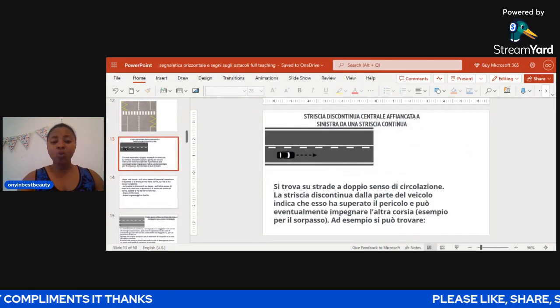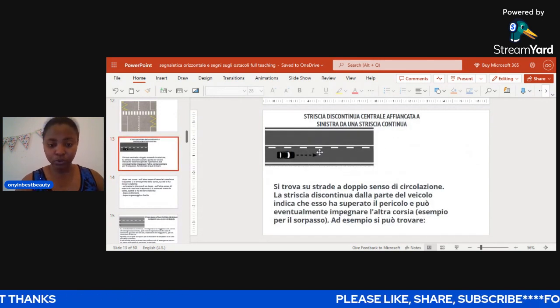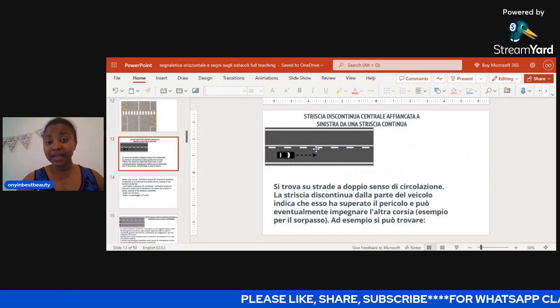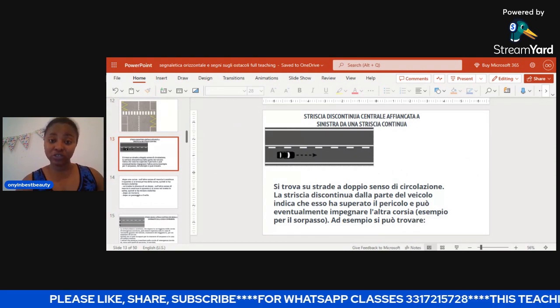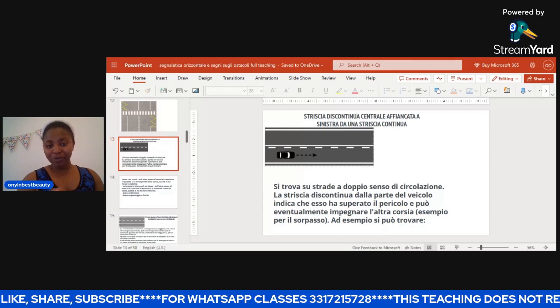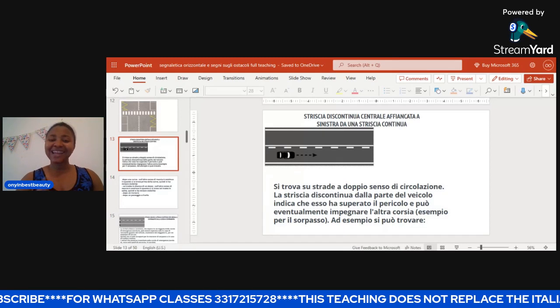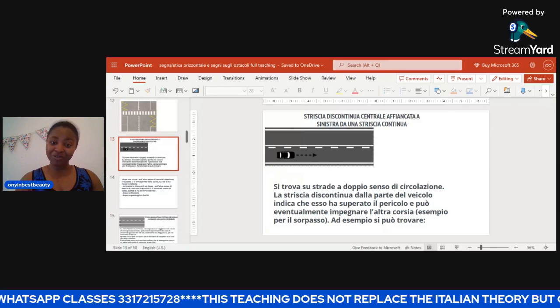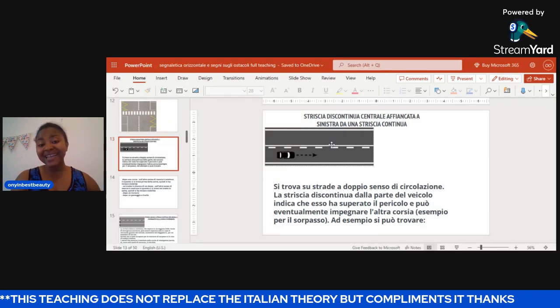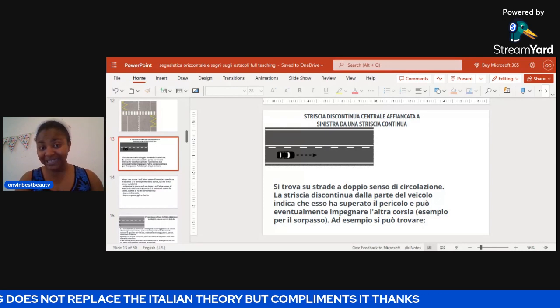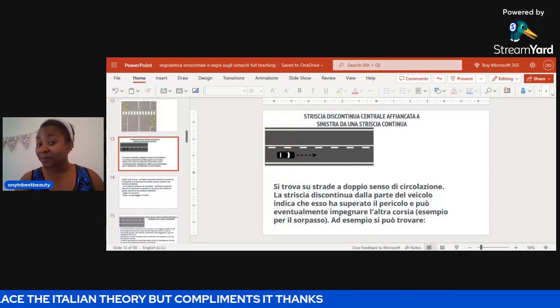Now, when you are on a hill on this type of road, the moment you come down the hill, you're going to see a discontinuous line telling you, welcome, you have just successfully climbed over this danger. Now you can do overtaking. On the other end, these people who are about to climb the hill see a continuous line telling them, be careful, you are climbing a danger zone.